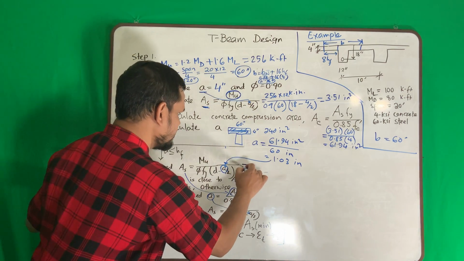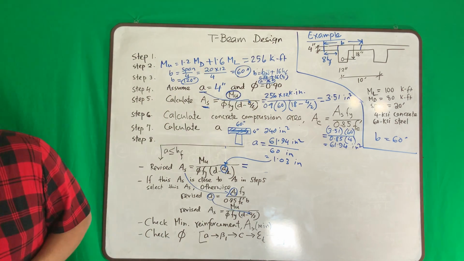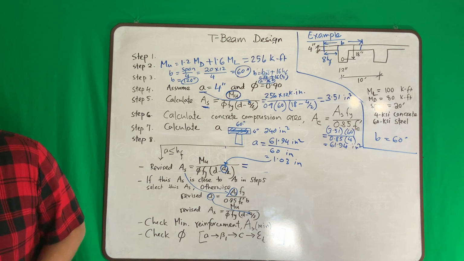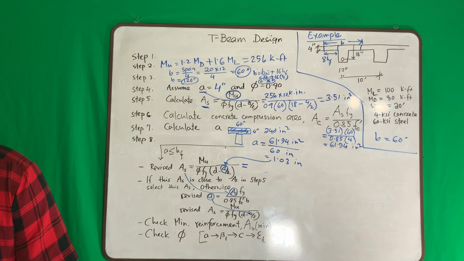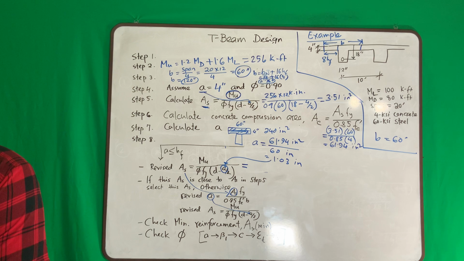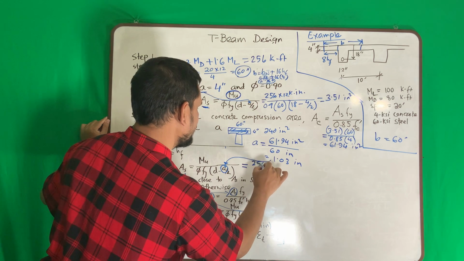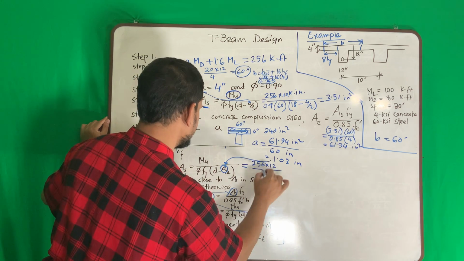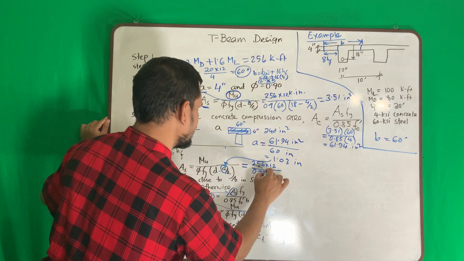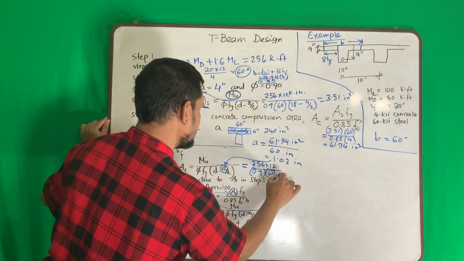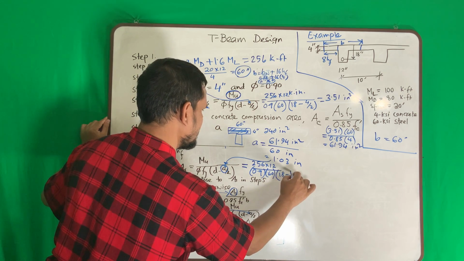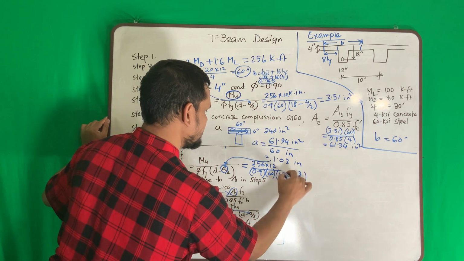Then revised A will be, if I take the value from your book or calculation, so write it down. 256 times 12, P is 0.9, then 60, then 18, 1.03 divided by 2.